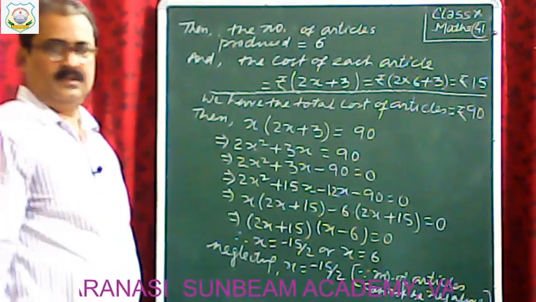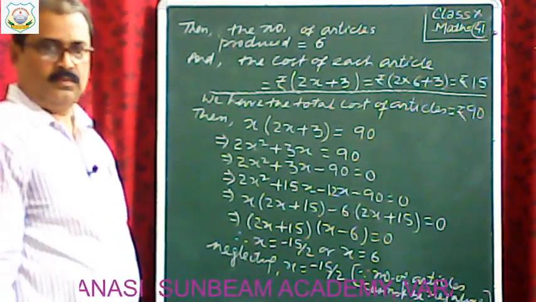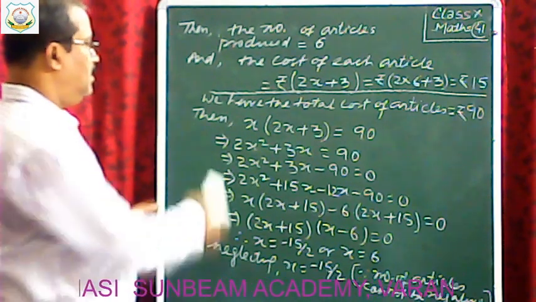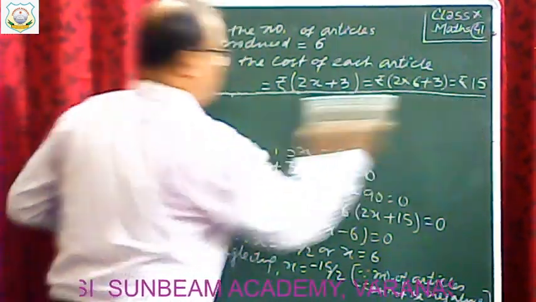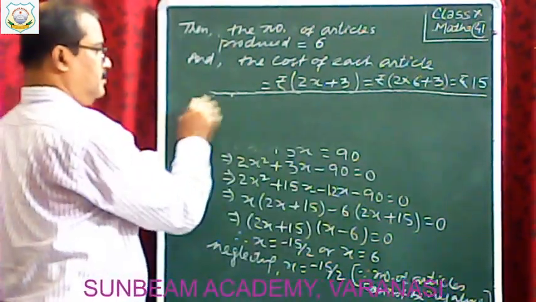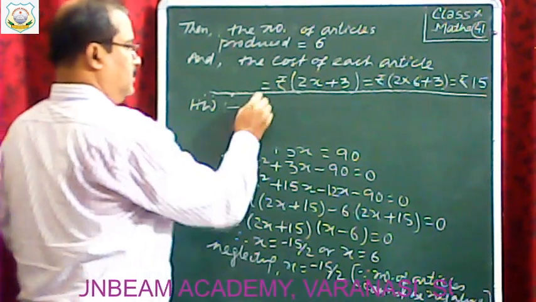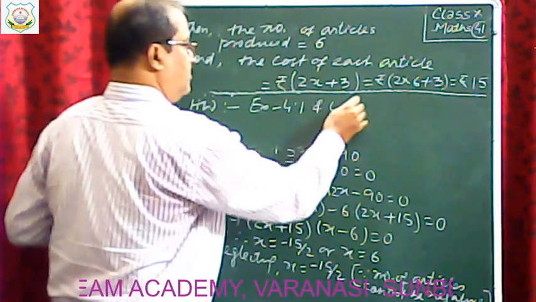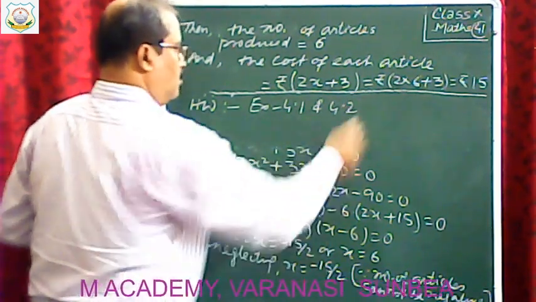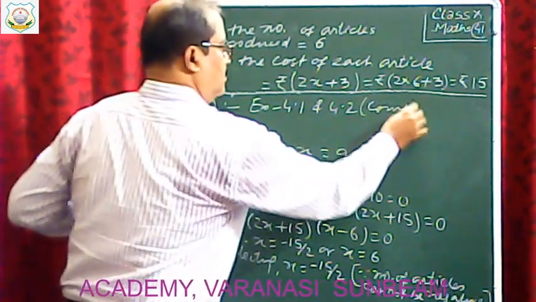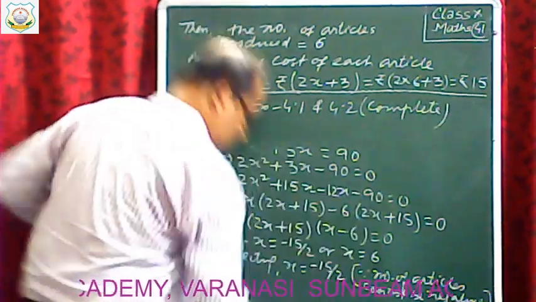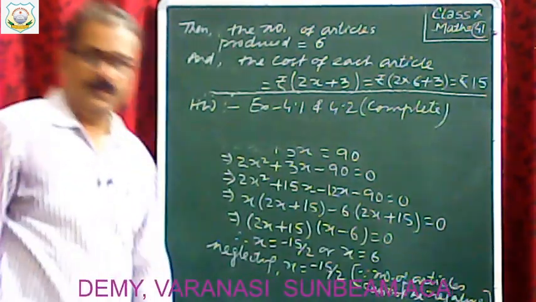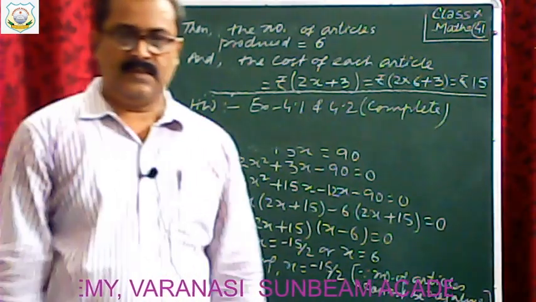This was only given in exercise 4.2. Okay, that's all. Now your homework. Exercise 4.1 and exercise 4.2. You have to complete. Okay, that's all. Thank you and have a nice day.